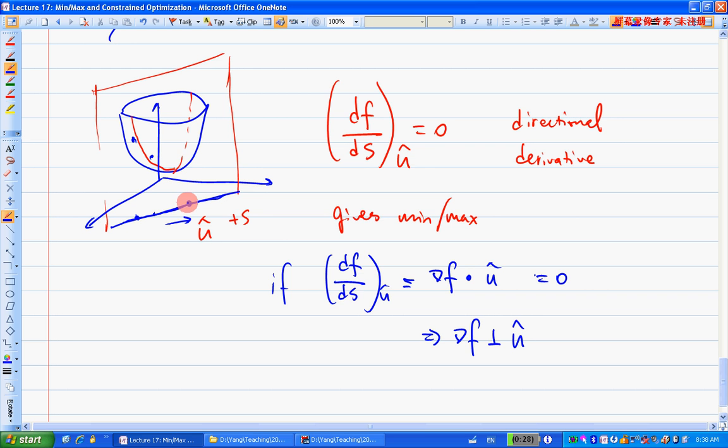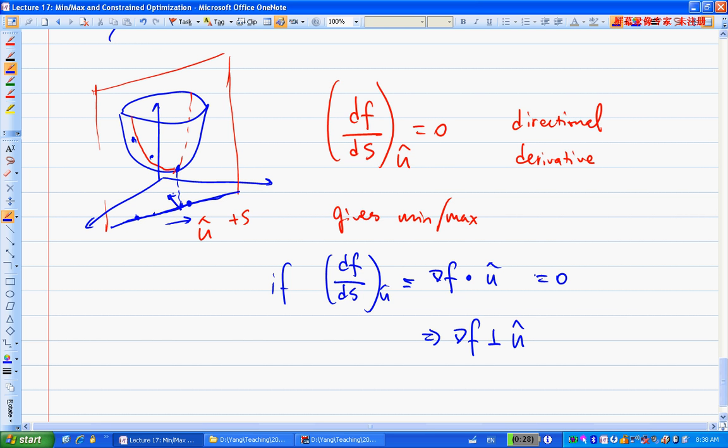So at this location, suppose this is the location of a minimum point here. Then at this location, your u hat is still this direction. Then del f probably is that direction, right?